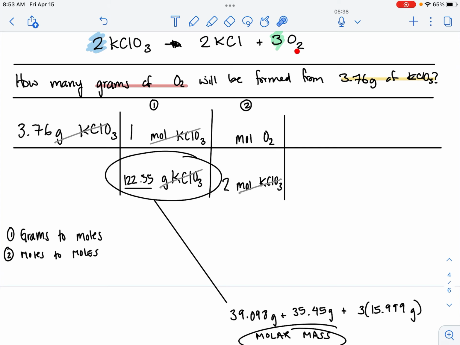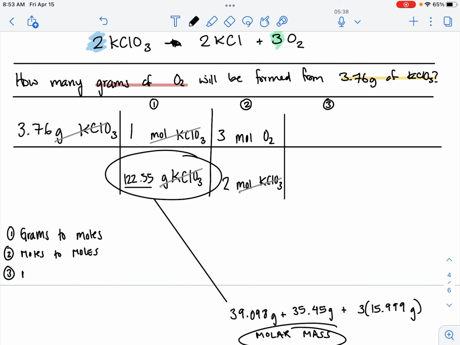In front of O2, I have a 3. So a 3 will go up here. Now I am in moles of O2. But I'm not done yet, because the problem asked me to find grams of O2. So I have to do a final conversion of moles to grams.